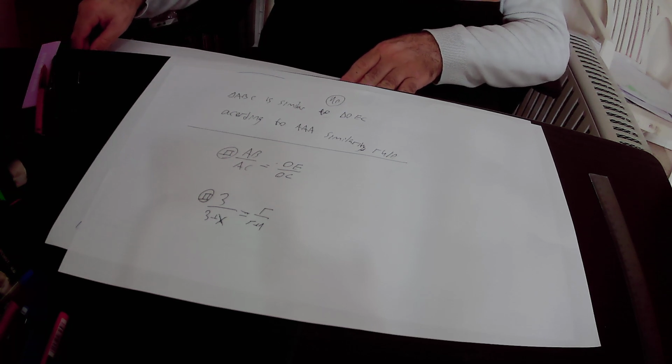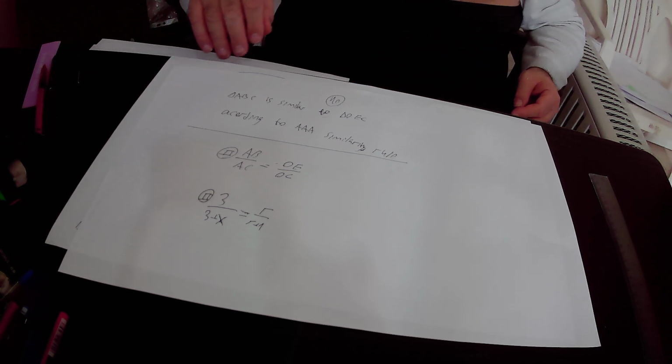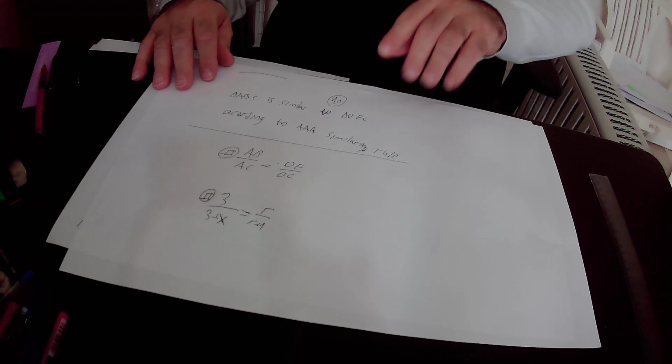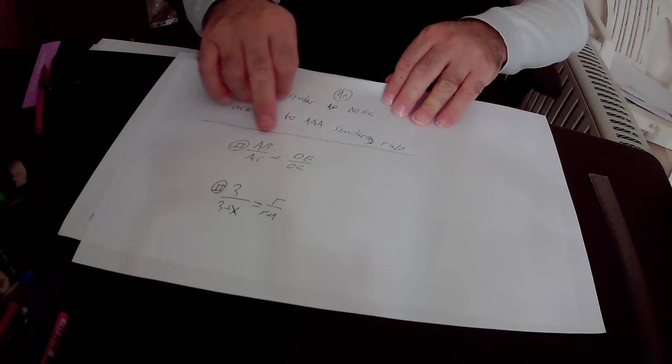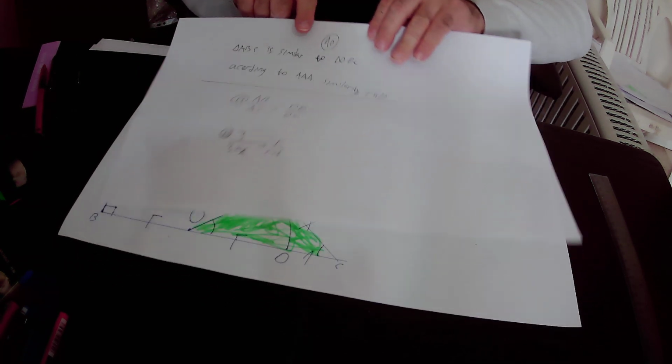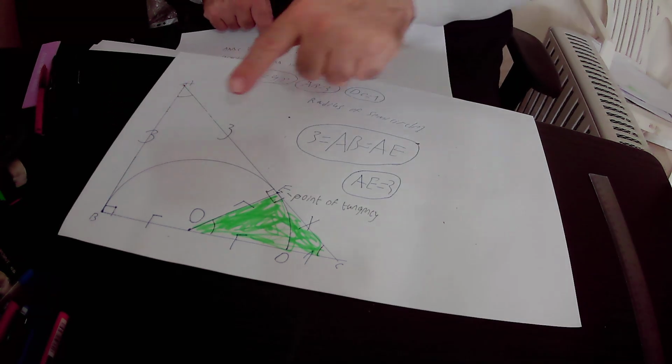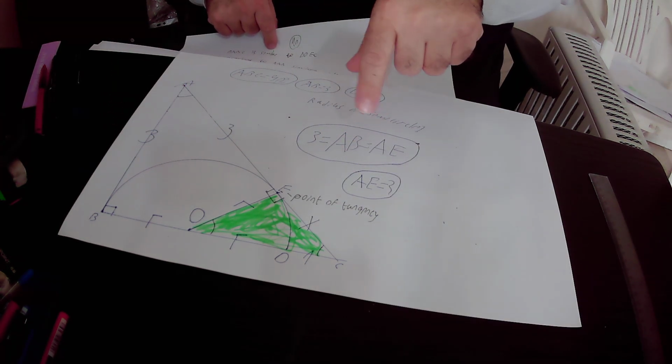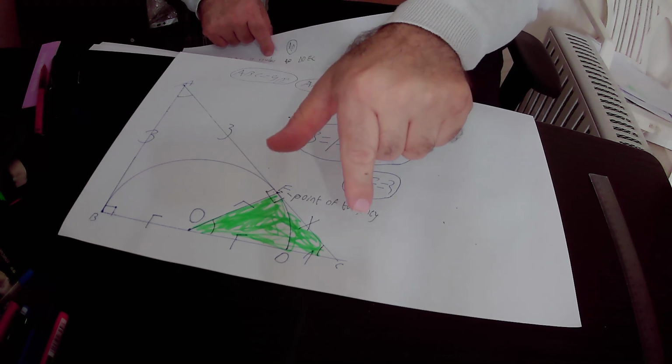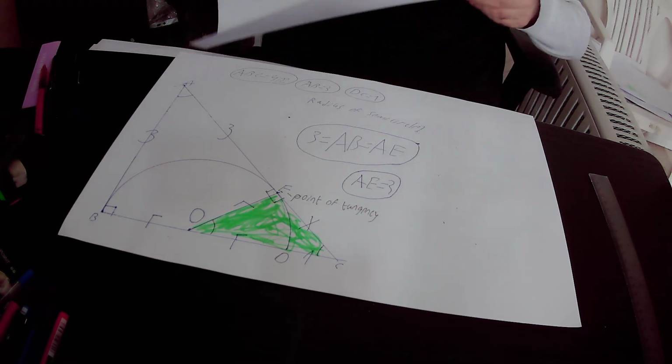From the fact that those two triangles are similar, we conclude that AB over AC equals OE over OC. Again, AB over AC in triangle ABC equals OE over OC in triangle OEC.